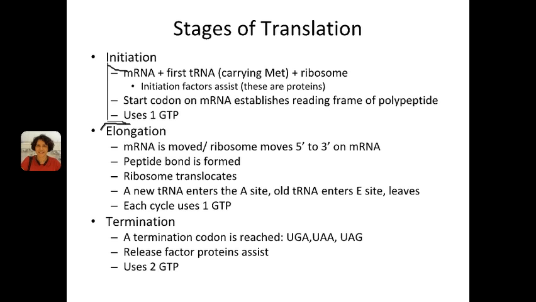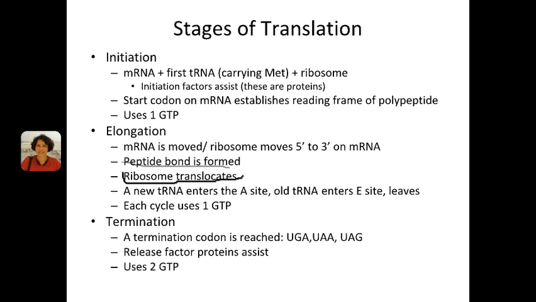Then comes elongation, and in elongation, the ribosome moves with respect to the messenger RNA, and a peptide bond is going to be formed between the latest amino acid that has been inserted and the previous one. When the ribosome moves, it's called translocation.